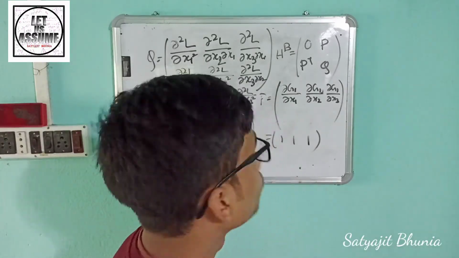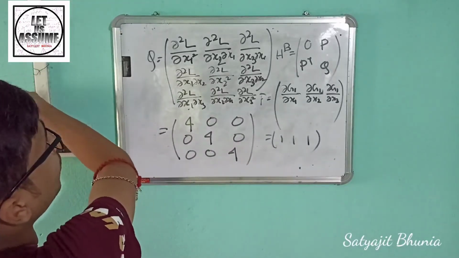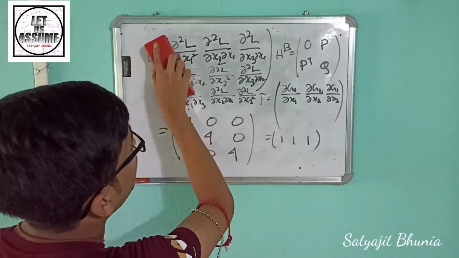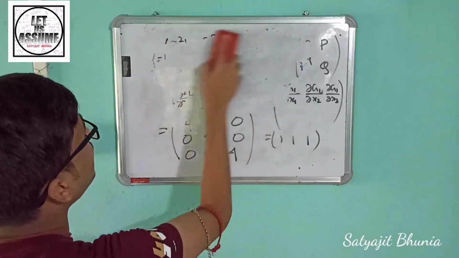Okay, so then we are ready to form the bordered Hessian matrix HB.